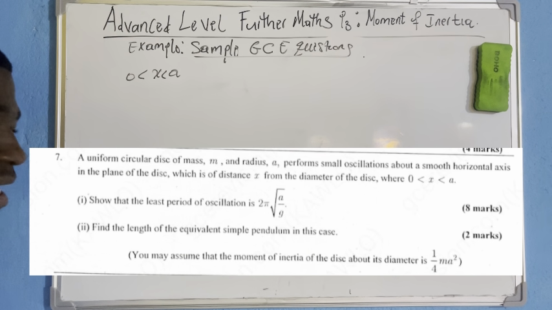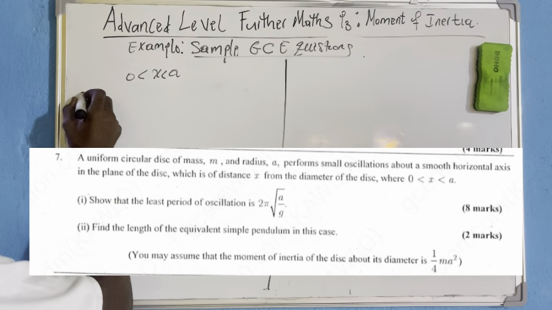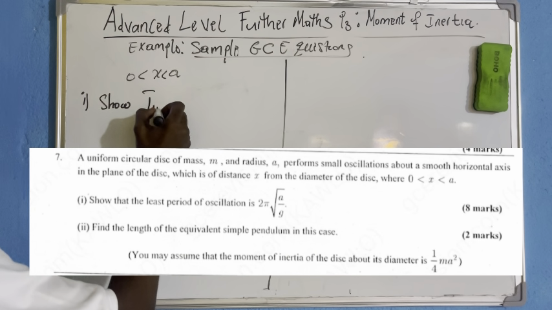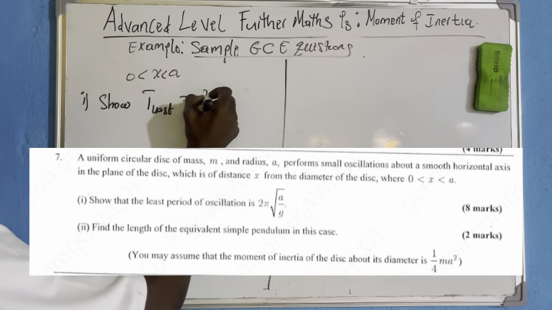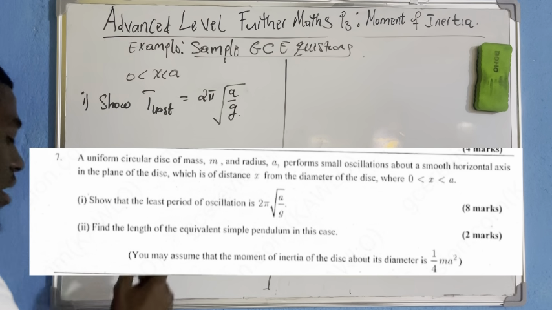Roman 1: show that the least period of oscillation is 2 pi square root of a over g. We are asked to show that the least period can be written as 2 pi square root of a on g.